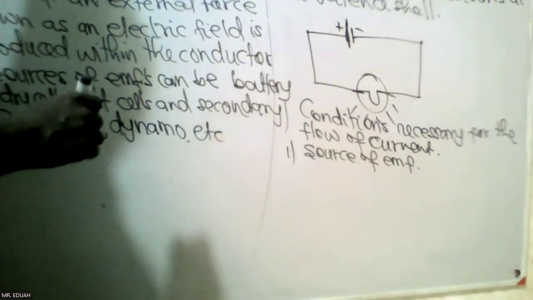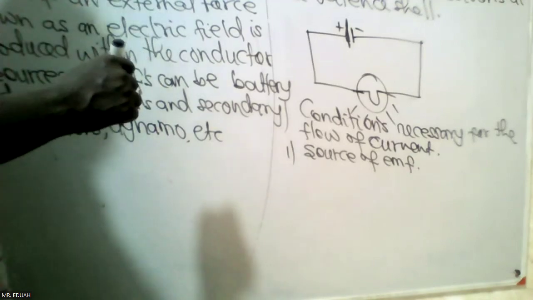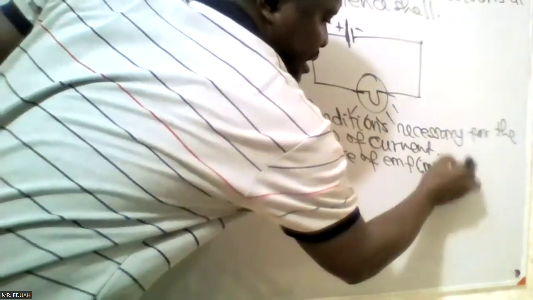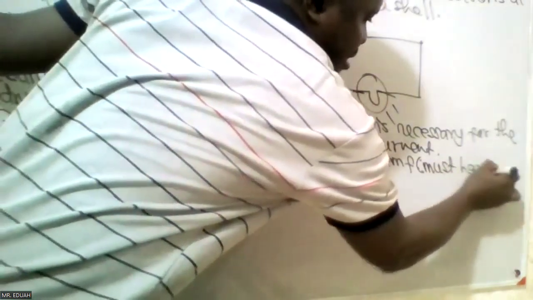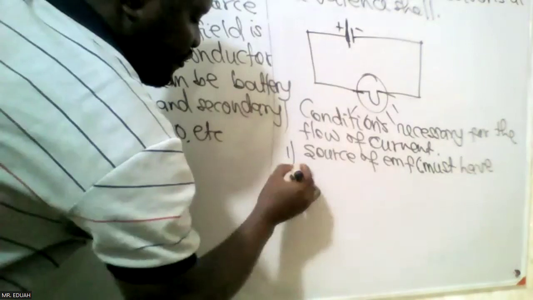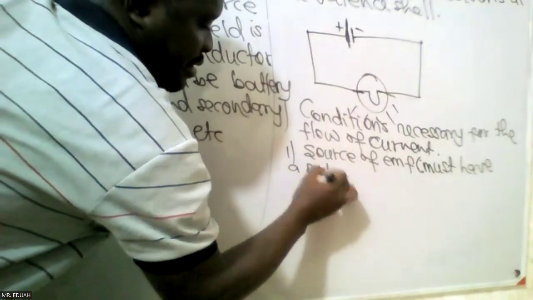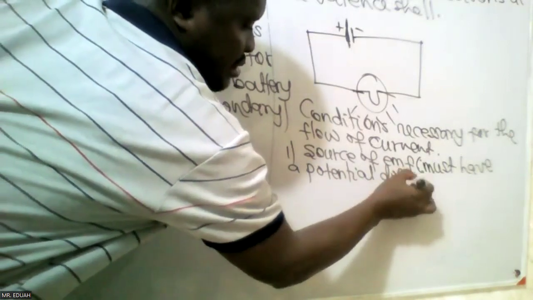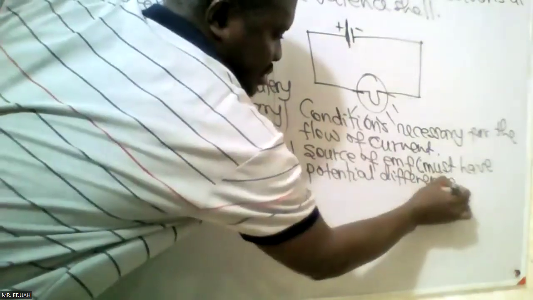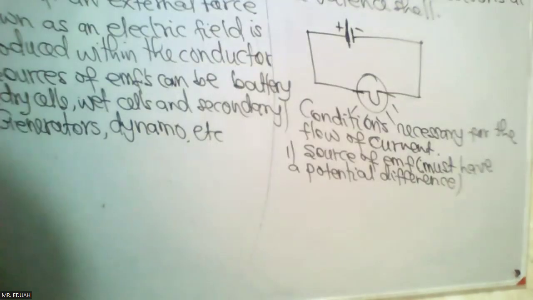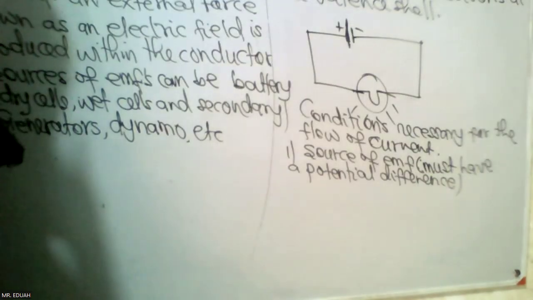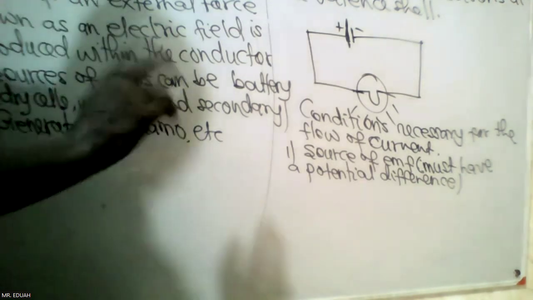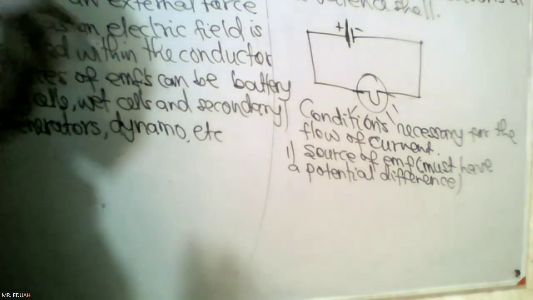Two, the source of EMF must have a potential difference. When we talk about potential difference, we are talking about any 2 points that exist in an electric field.